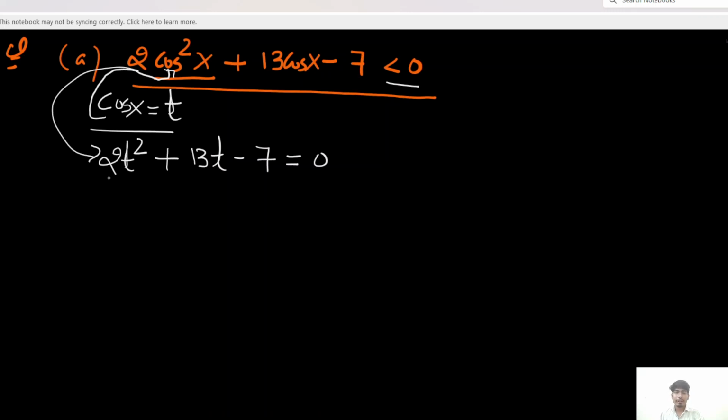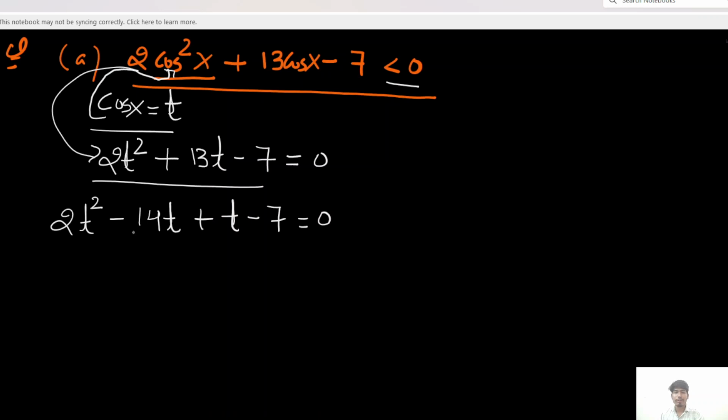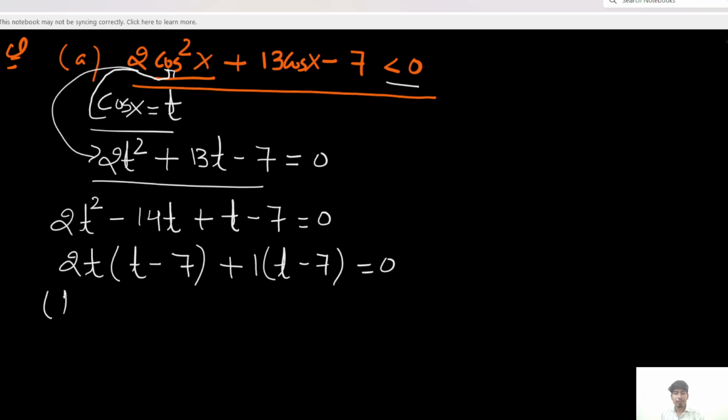Okay students, then we write here 2t square minus 14t plus t minus 7 equal to 0. Then we take 2t common, and we get 2t minus 7 plus 1 into t minus 7, and taking t minus 7 common, we get 2t plus 1 equal to 0.